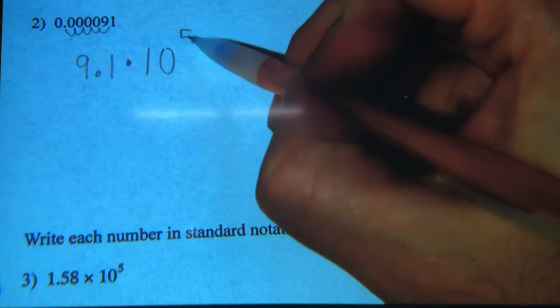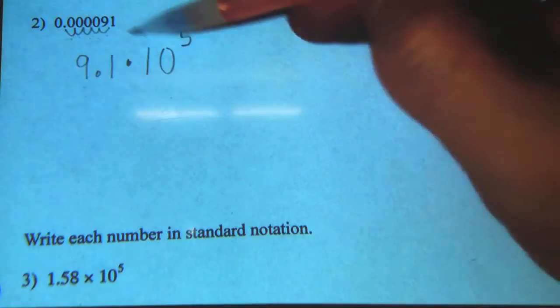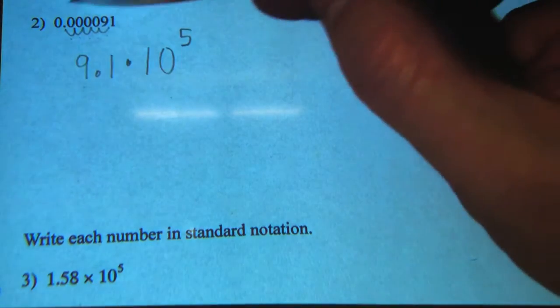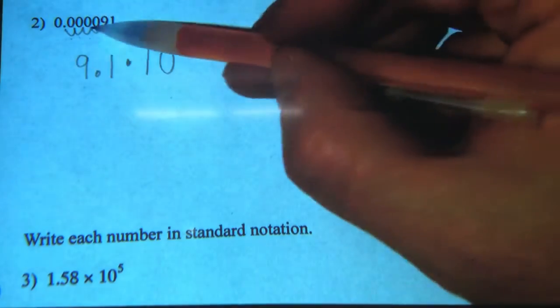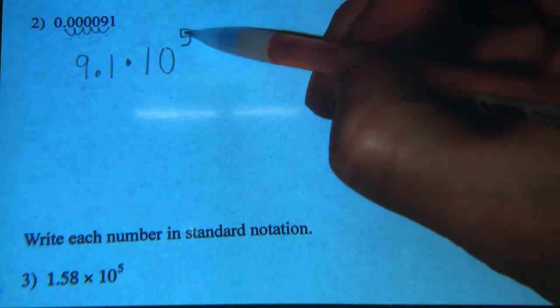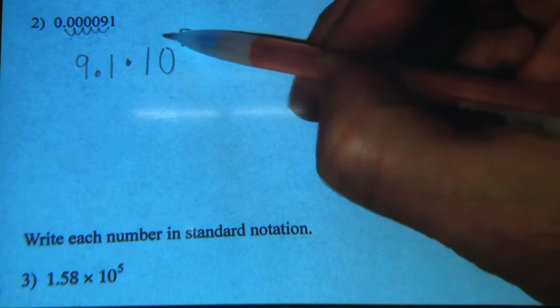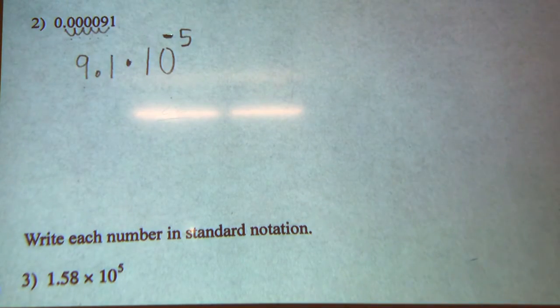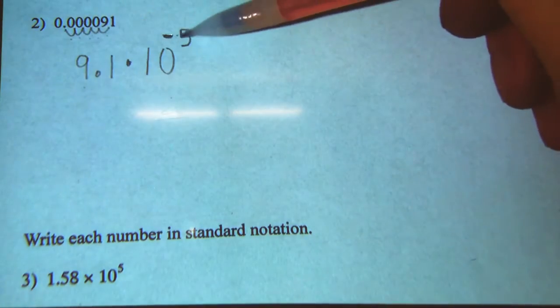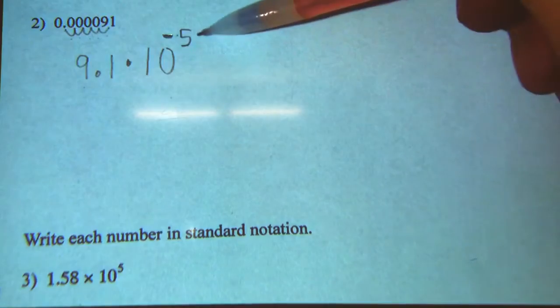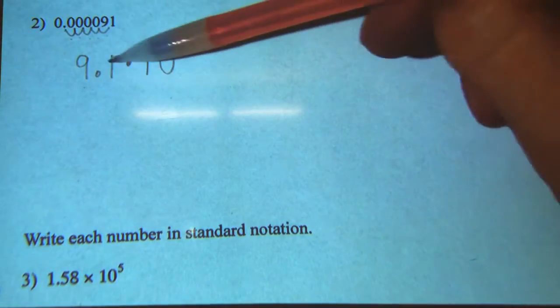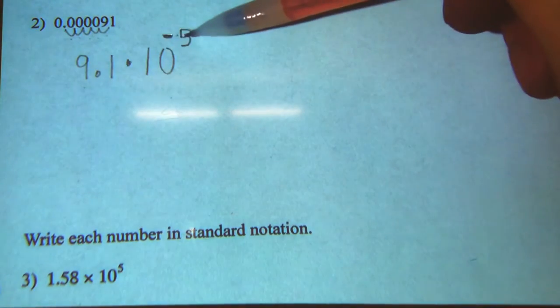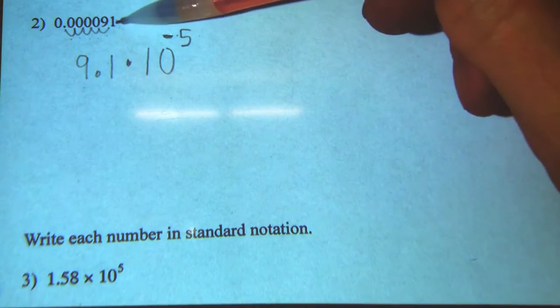Now, 10 to the 5 is 100,000, and clearly this number is not 9.1 times 100,000. So when we have very small numbers, instead of 10 to the 5th, we're going to use a negative exponent. Remember, negative exponent means repeated division, so it's like divide by 10, divide by 10. If we divided by 10 5 times, we would get a very small value. So 9.1 times 10 to the negative 5th is equal to this number.